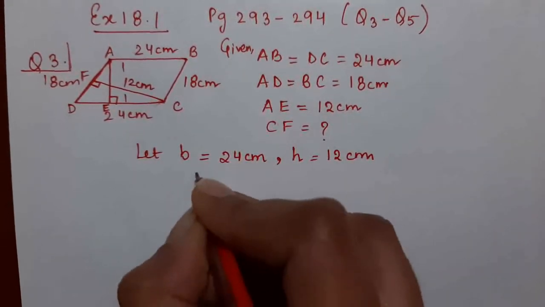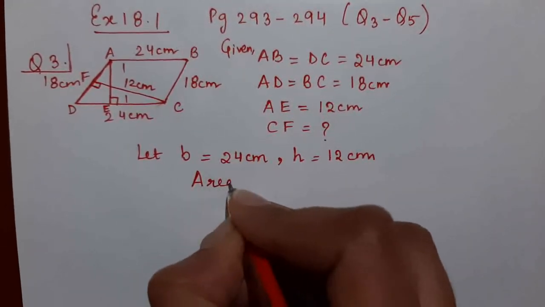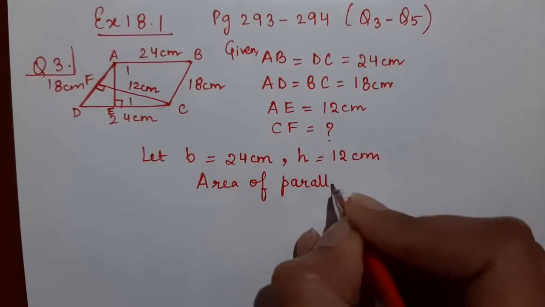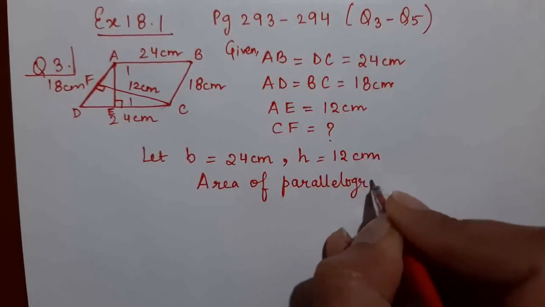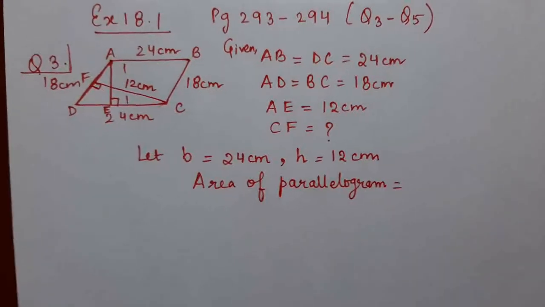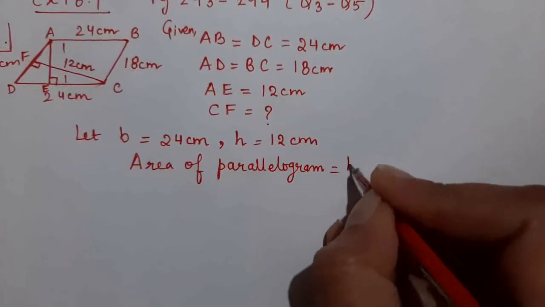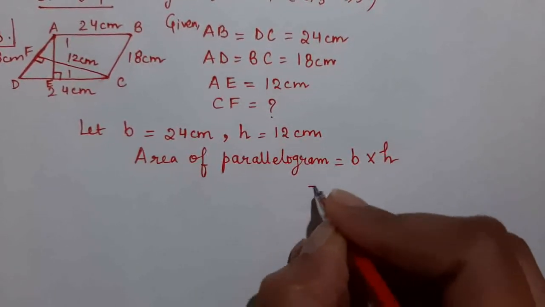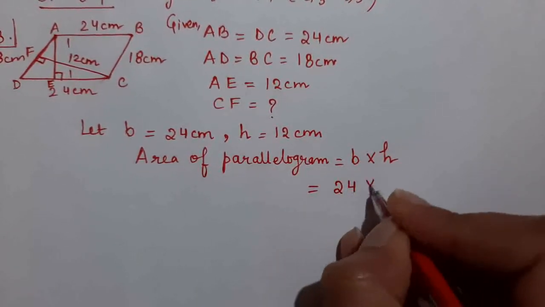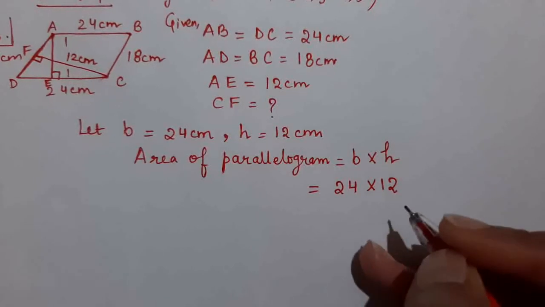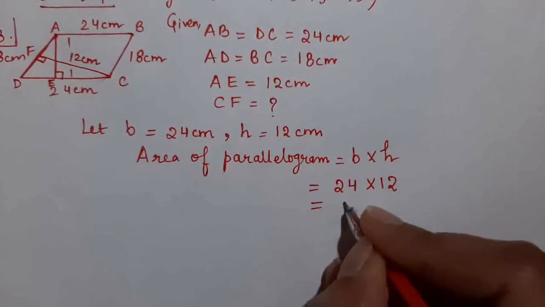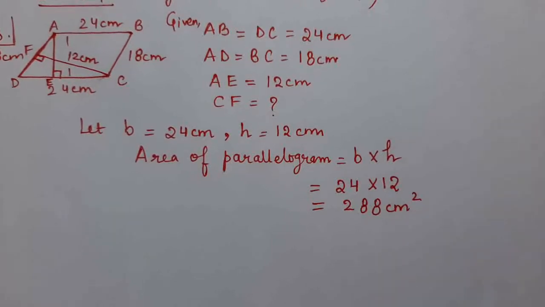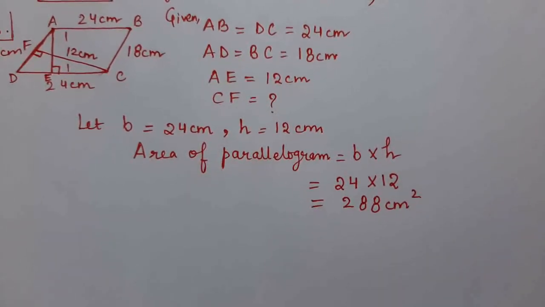So the area of parallelogram will be equal to base into height. So the base is 24 and the height is 12. So what is the final answer? 288 centimeter square.